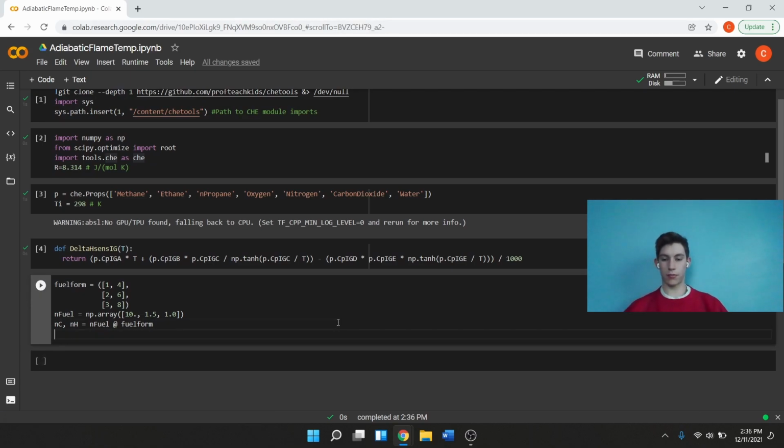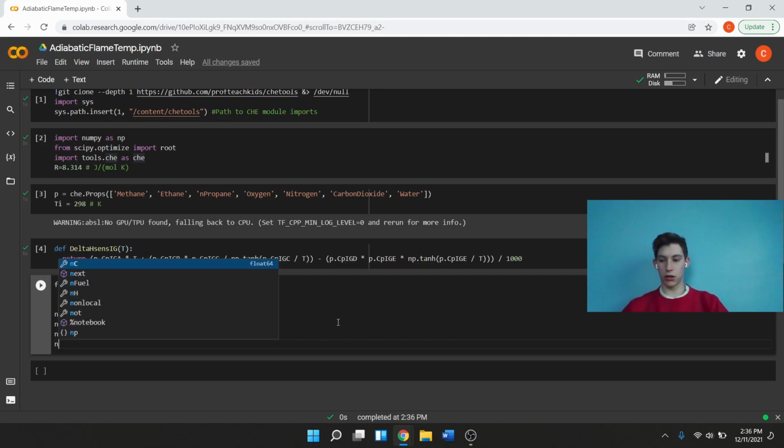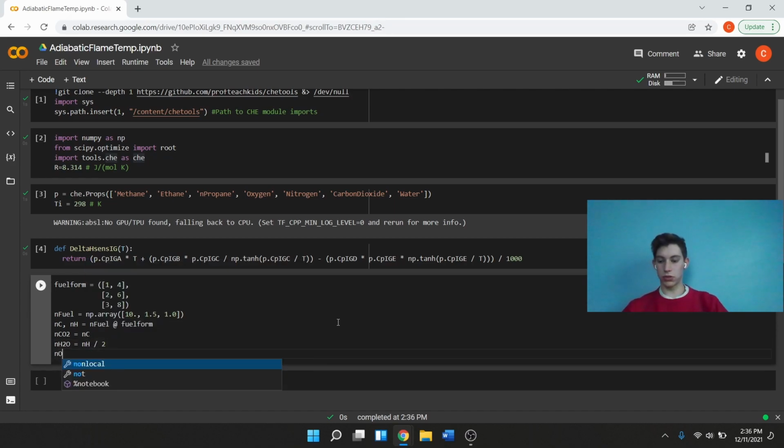So now, looking at what we had before with our stoichiometry, the moles of the carbon dioxide always match with the moles of the carbons. The moles of the water was always 1/2 of the hydrogens. The moles of oxygen were the moles of the carbons plus 1/2 of the moles of the water.